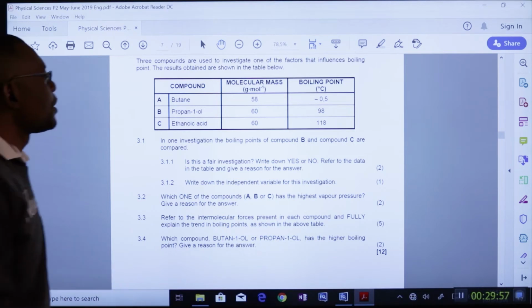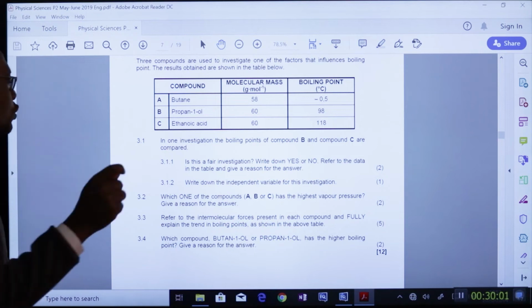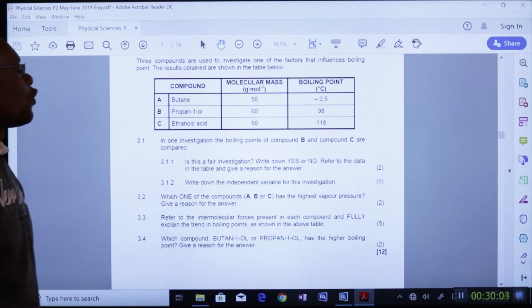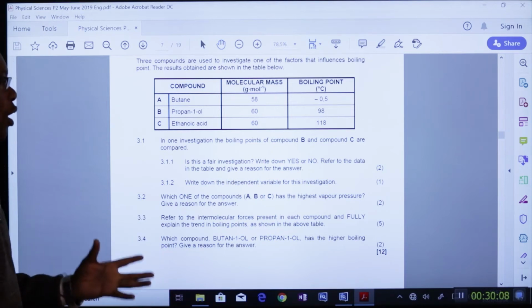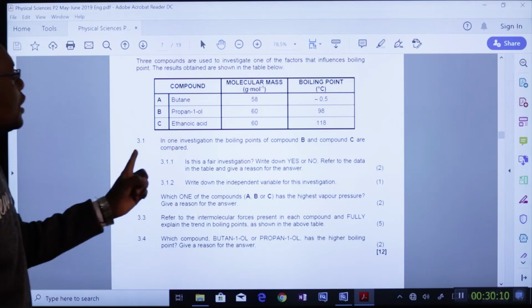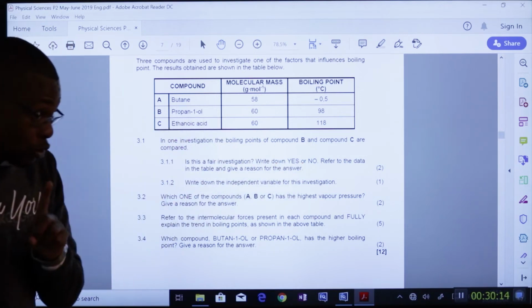So you'll see that having the same molecular mass alone does not make it fair for the investigation to compare the 2 molecules. Our answer here is going to be no, it's not.